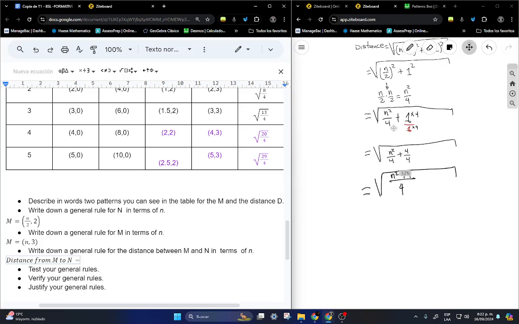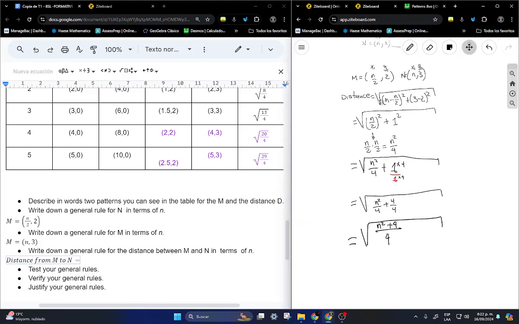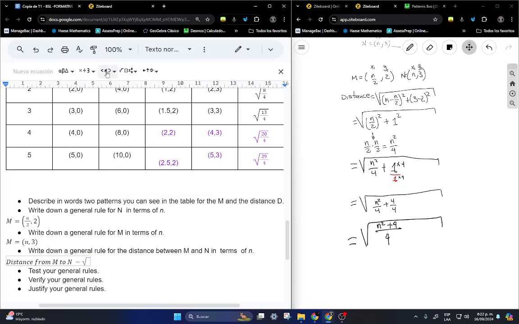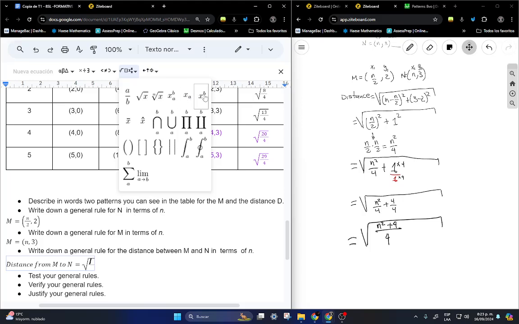That's the general rule. Well, the simplest version of the general rule. Remember, this one works, this one works. Actually, this one also works. But the simplest one is the last one that we got. Here, a fraction and a squared.